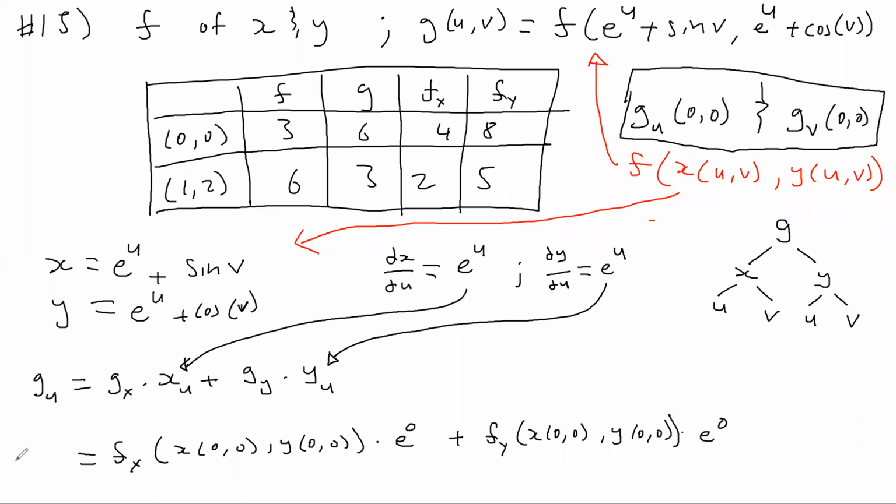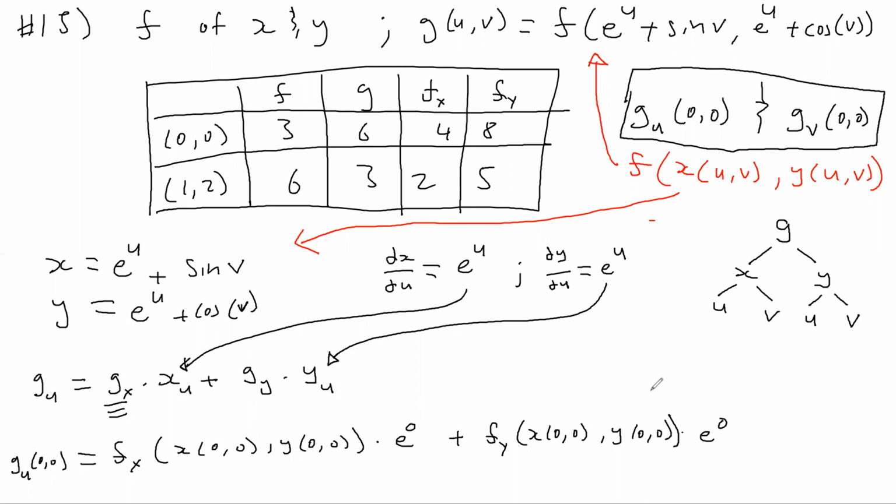All right, and I'm trying to find what g sub u of 0,0 is. As we see right here, from g sub u we get g sub x, which is essentially f sub x. Since we're plugging in u and v values of 0 and 0, I set the function x, which is right here, and rewrote it as a function of u and v.